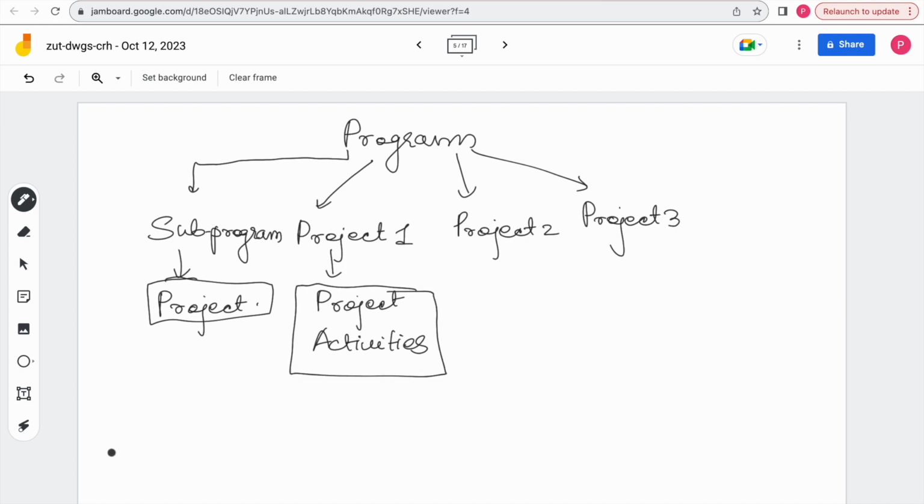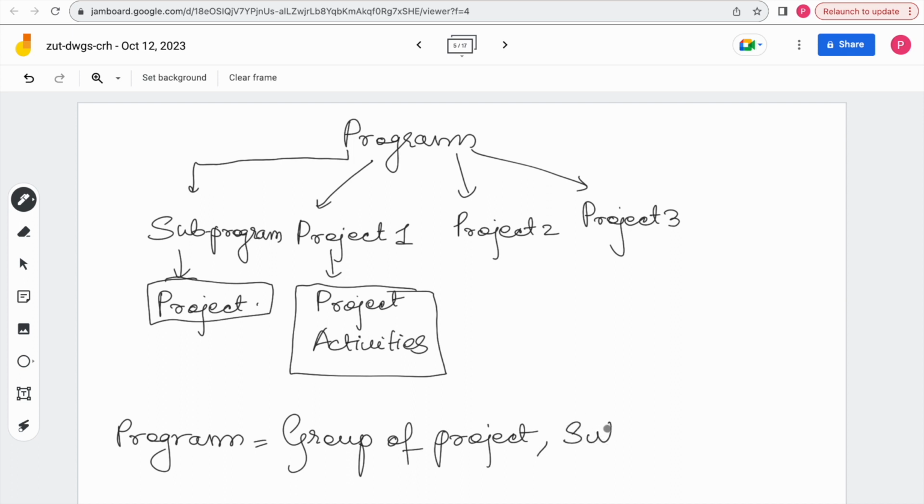That is why by definition we say that program is basically a group of related projects, which if you combine together will give a better output, and group of sub programs and project activities.